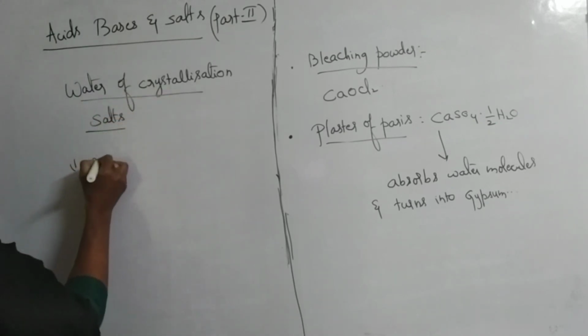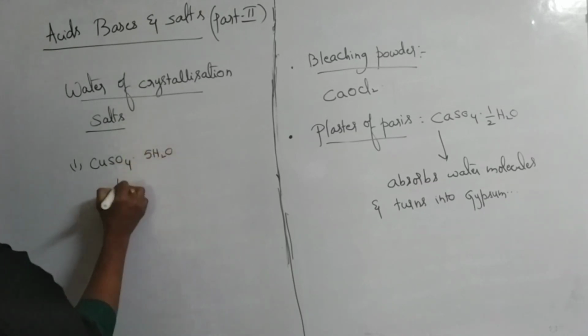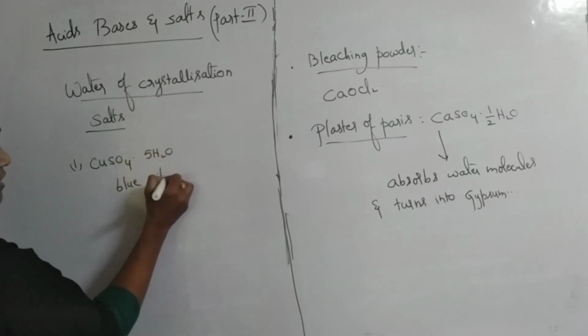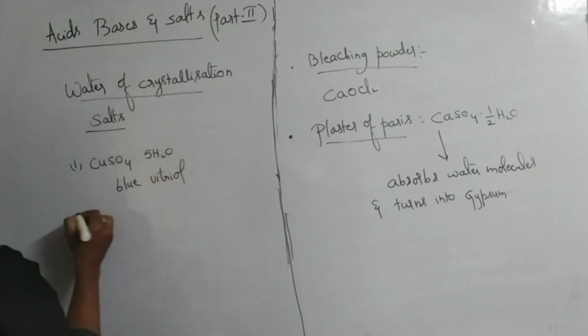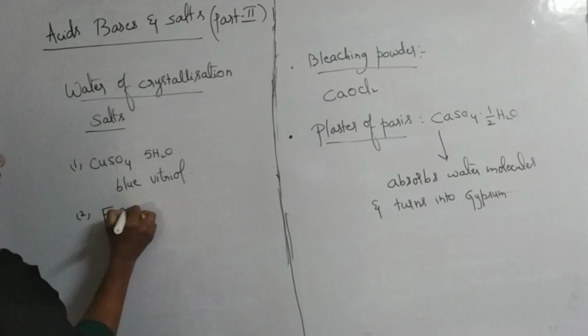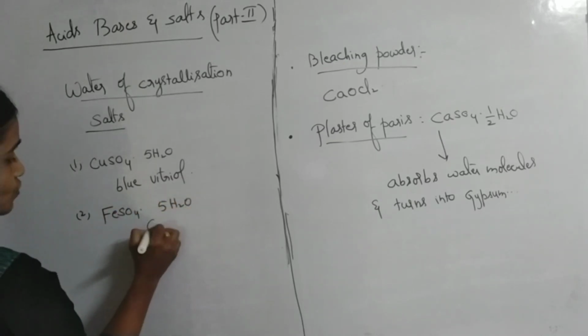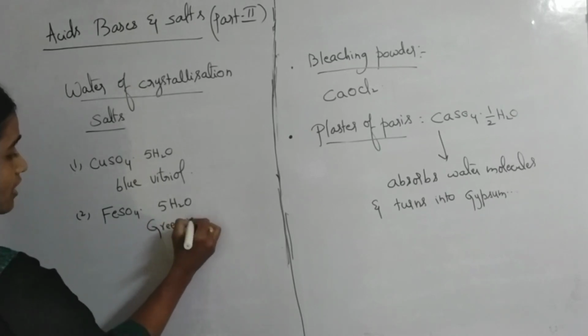The first example is CuSO4.5H2O, which is called blue vitriol. FeSO4.5H2O is called green vitriol.